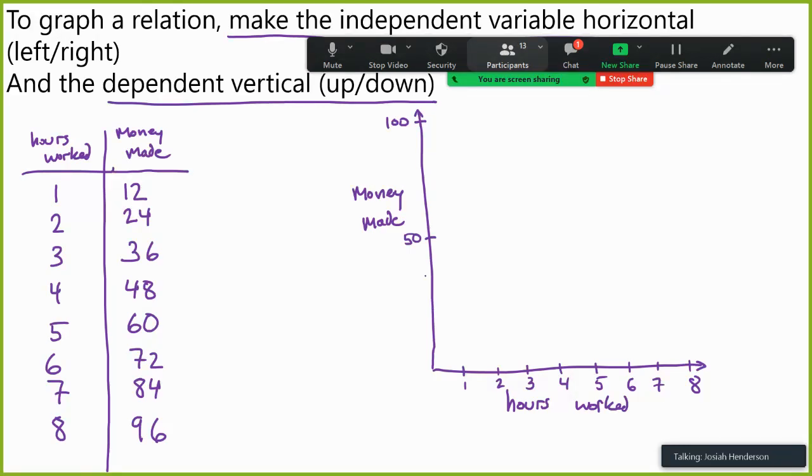And then from 0 to 50 and 50 to 100, that's a little easier for me to break into groups of 5 maybe. So 1, 2, 3, 4, 5, and so on. So each one of my dashes will be 10.